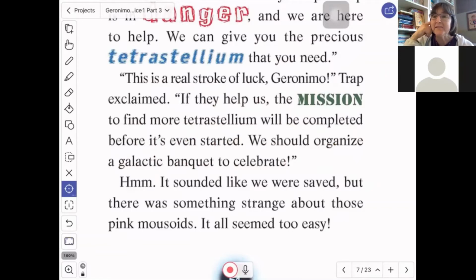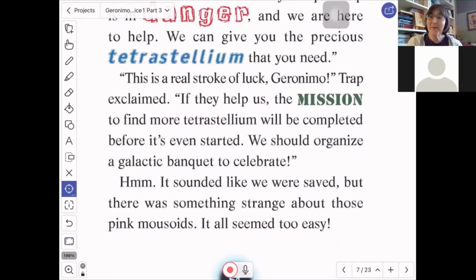And a banquet is like a fancy feast, like a big party, like the ball that they had at the Grand Hotel, with lots of fancy food, and people would probably dress up in their best clothes. That would be a banquet, some sort of celebration. But they just started this mission to go to planet Rattos, and all of a sudden, they're there. The pink aliens know why they're coming. They say, sure, we'll be happy to help you out. Problem solved, let's celebrate.